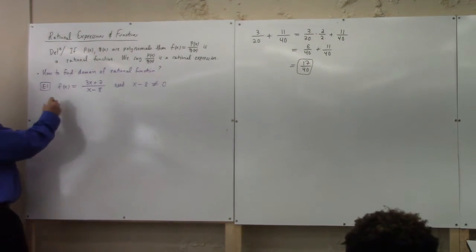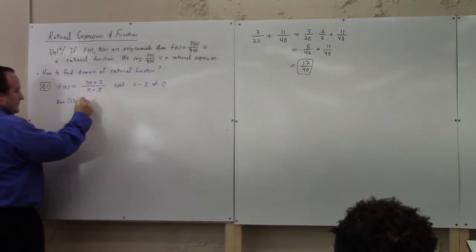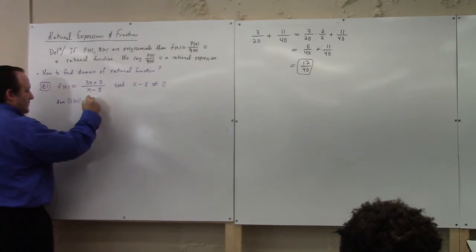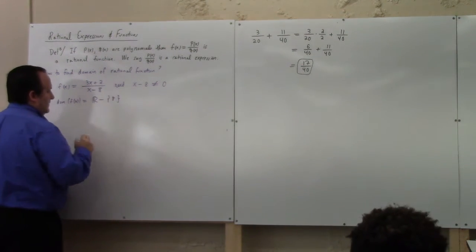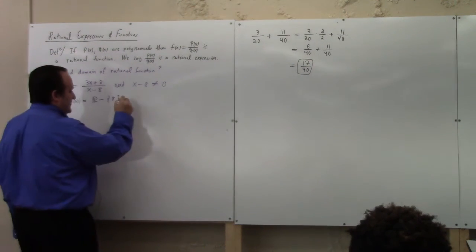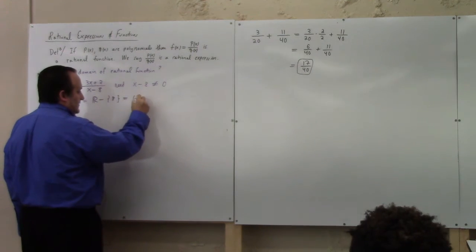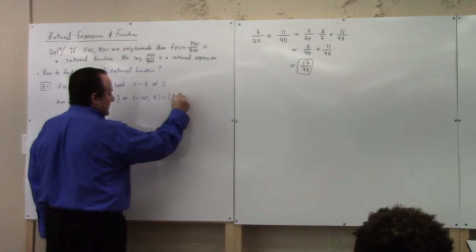So the domain of f of x here is the real numbers with the number 8 removed. Let me express that in interval notation. I usually ask you guys for interval notation, don't I? So minus infinity to 8, unioned with 8 to infinity.